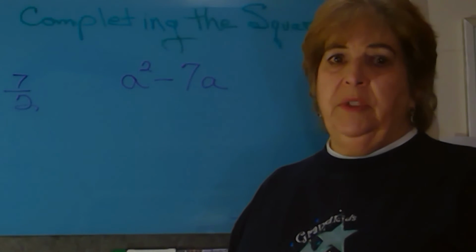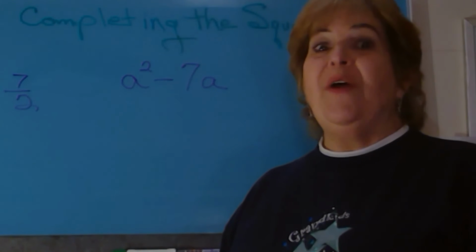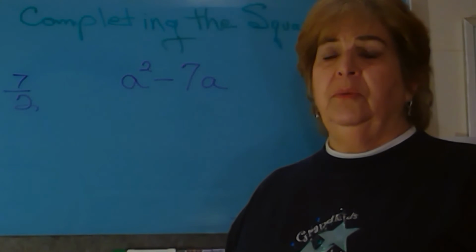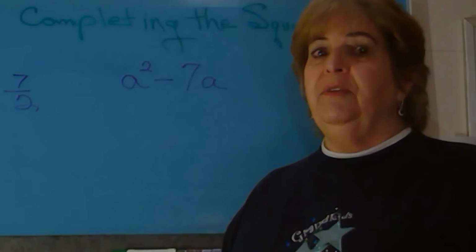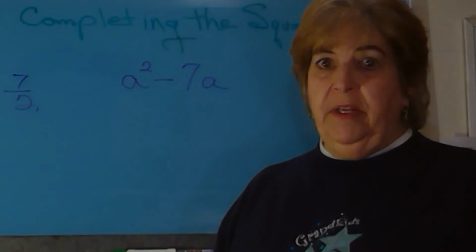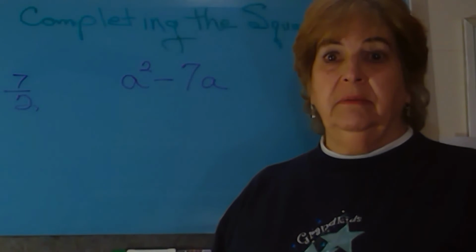Don't change that to a decimal. Then you have 3.5, and you have to square 3.5. What does that give you? Most of you probably will have difficulty with that unless you pull out your calculator. But this is easy to do. You don't have to pull out your calculator.